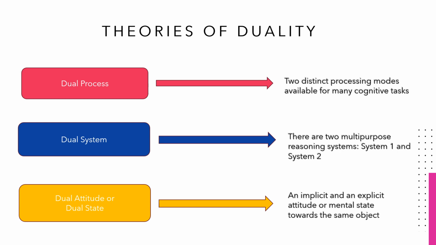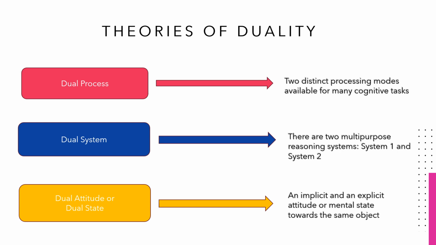All right, so there are a number of ways of thinking about this idea of duality and how it operates. Three distinct ideas have been proposed. We've got the idea of dual process, where we may have two distinct processing modes available for many cognitive tasks. We've got dual systems, where there are two multi-purpose reasoning systems, System 1 and System 2.